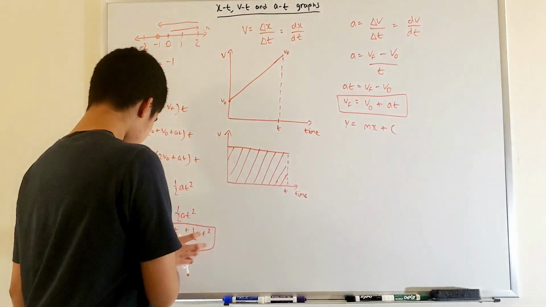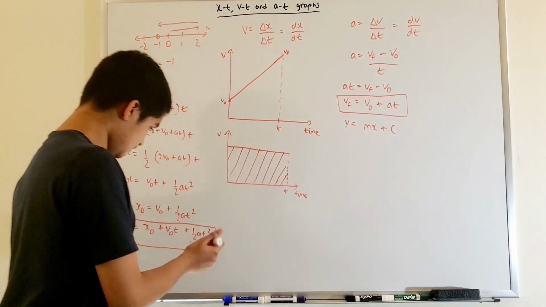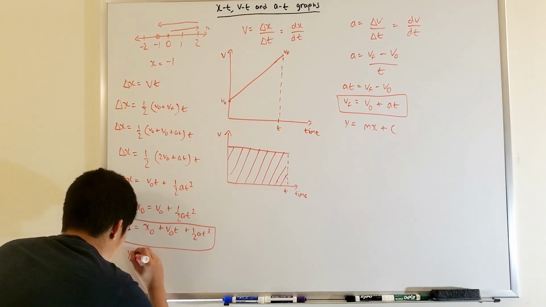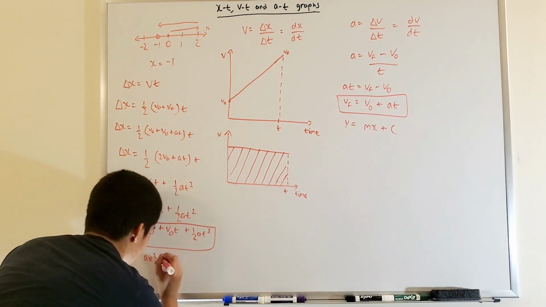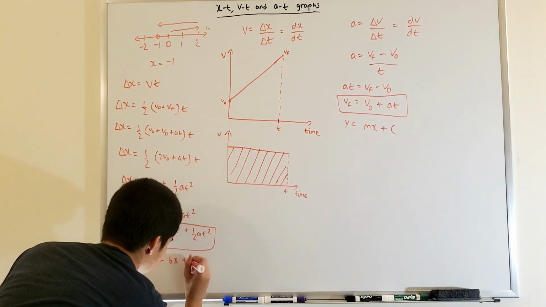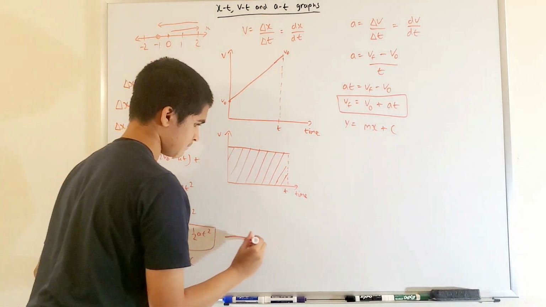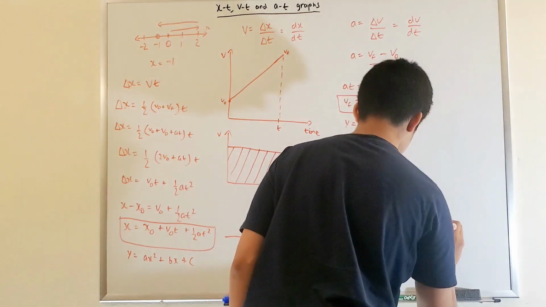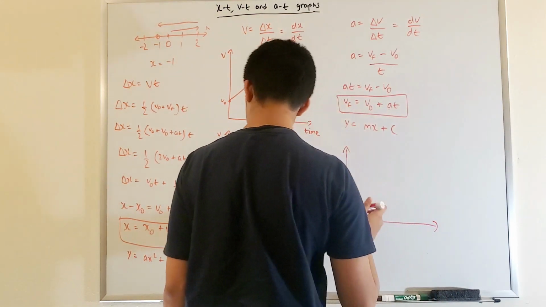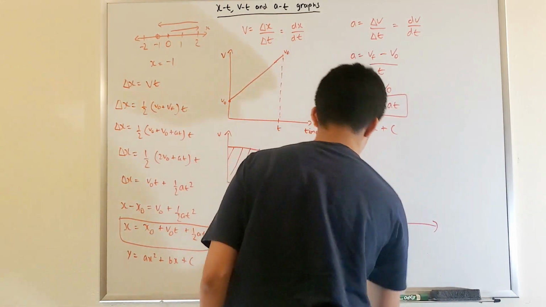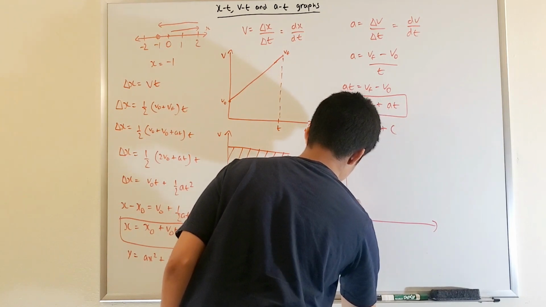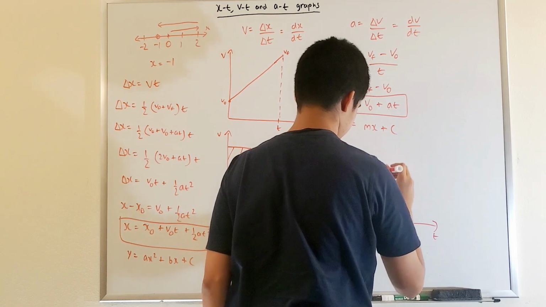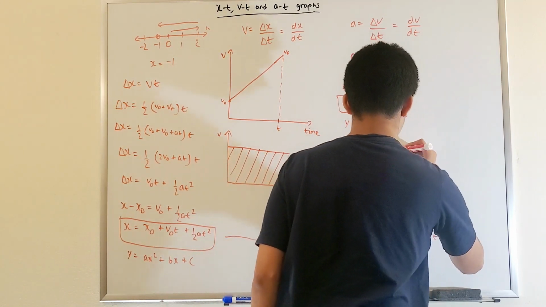Notice that the equation which I have over here is a quadratic equation in the form of y is equal to ax squared plus bx plus c. That means that the displacement time graph will be looking like something like this, where this is the initial displacement and this is the final one.